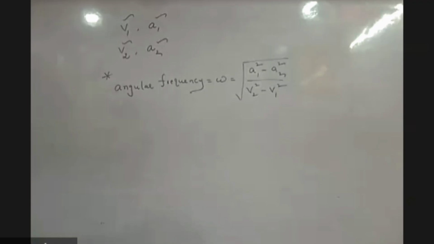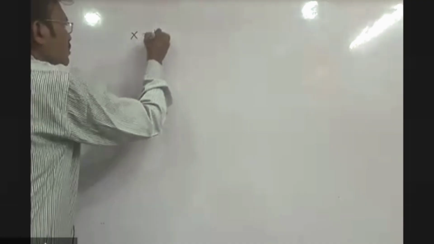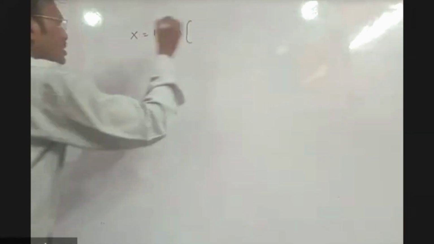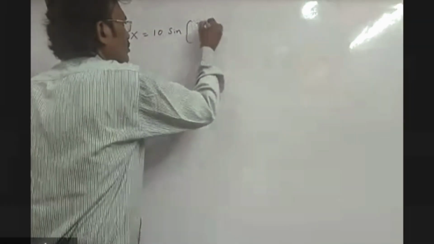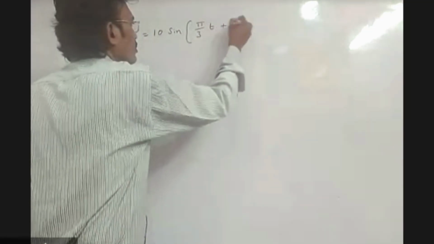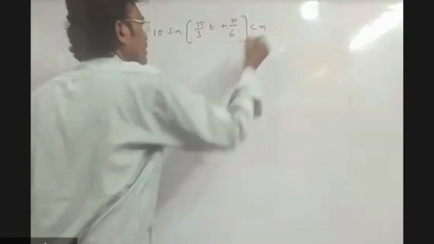Take one model. In this question, one equation is mentioned, so write down that equation. Given that x is equal to 10 sin pi by 3 t plus pi by 6 centimeters. This is the displacement of the particle which is in simple harmonic motion, with displacement in centimeters.